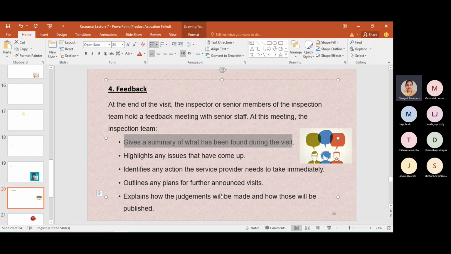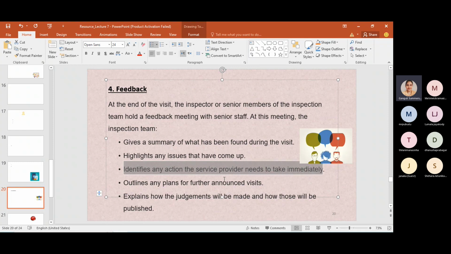And they will also highlight any issues that they realized during the inspection process. The inspection team will also identify any action the service provider needs to take immediately.